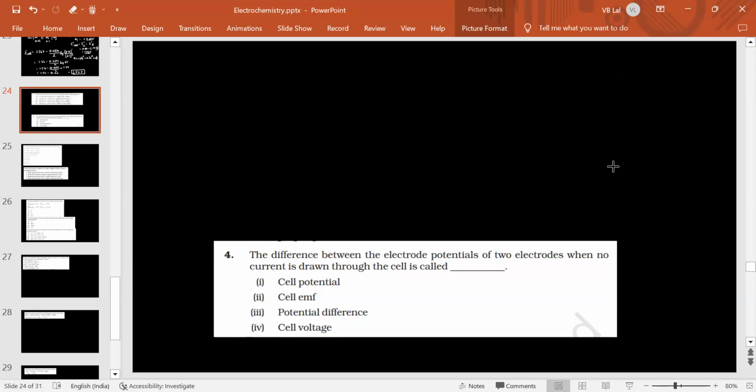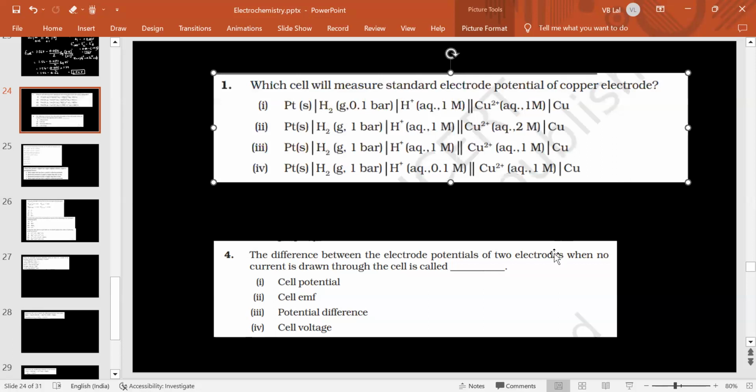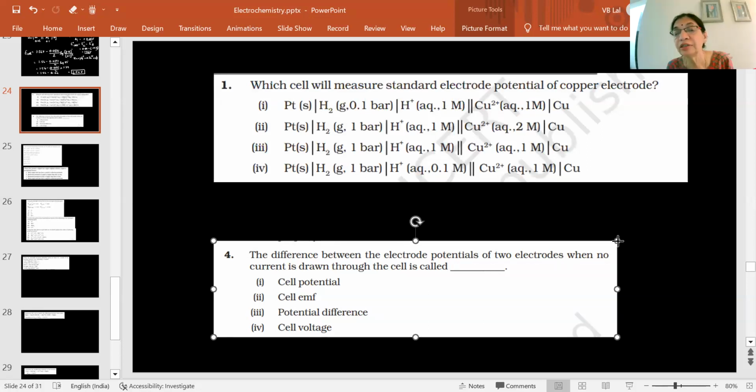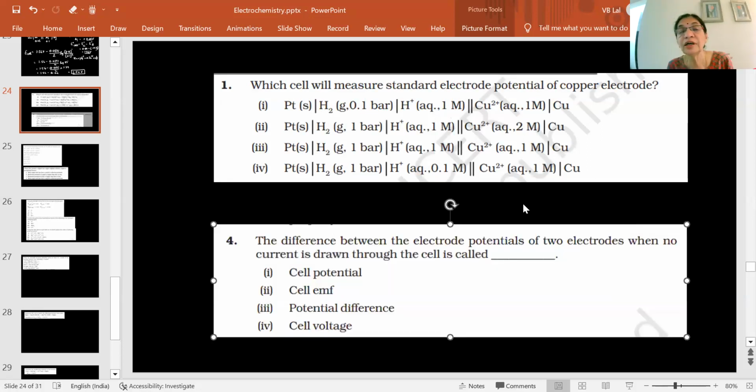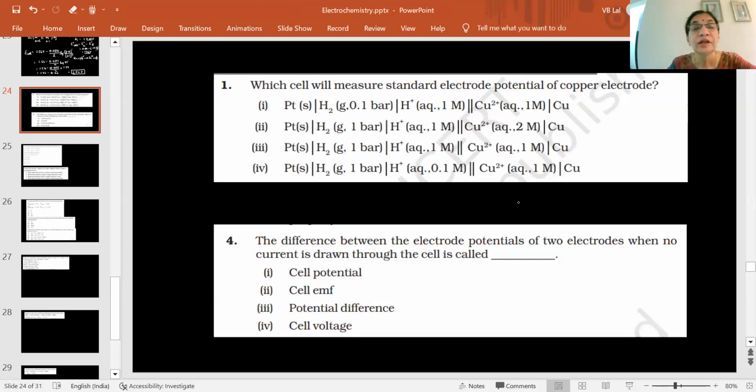Because of the hydrogen electrode, miss, everything should be one bar, in unity. Yes, very good. So the answer is 3, because it is a hydrogen electrode, and when you are measuring the standard electrode potential, all the values should be standard: the pressure of the gas should be 1 bar, the concentration of H plus ion should be 1 molar, and the concentration of copper ions also, so that we can measure the standard electrode potential. So the answer is 3.